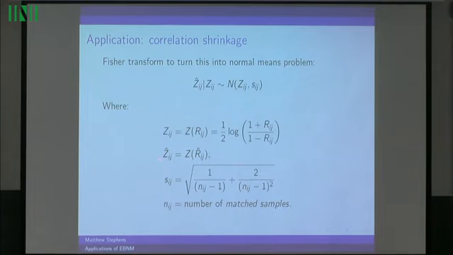And Fisher, in the 30s, I believe, showed that this approximation holds, at least under a normal assumption for R, and we're just going to make this approximation anyway. And the standard error here, of course, depends on the sample size. So once we've got this, we just throw it into the empirical Bayes normal means problem.